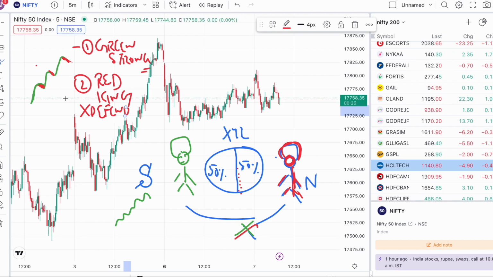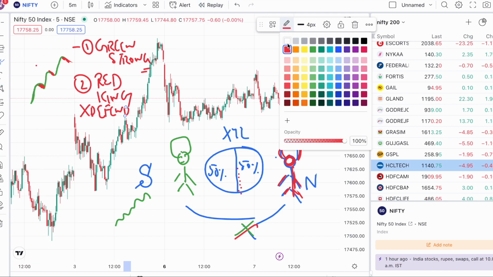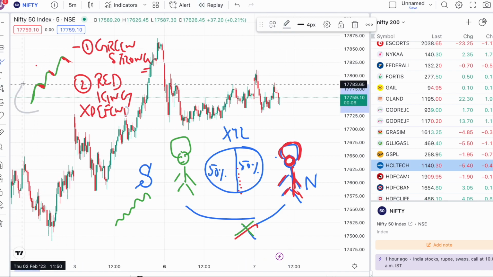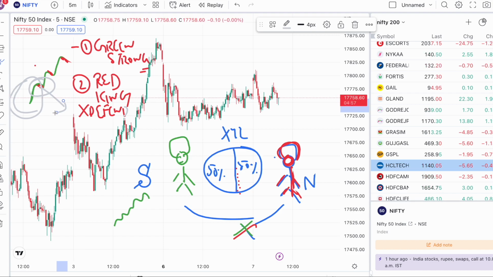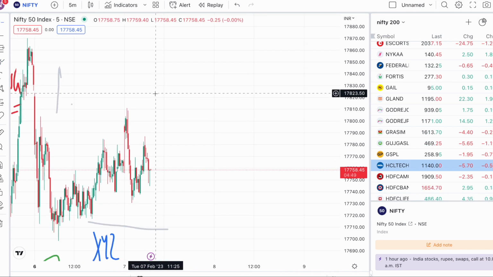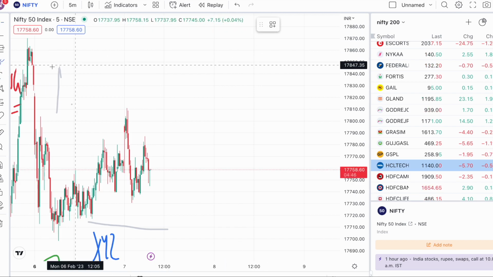I just wanted to give you a basic understanding of impulsive and reactive moves. If you see on the chart over here, the green moves are the impulsive moves, the stronger moves, and the other ones that you can see over here are the reactive moves.